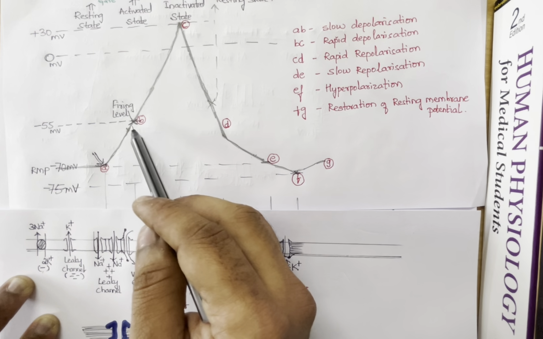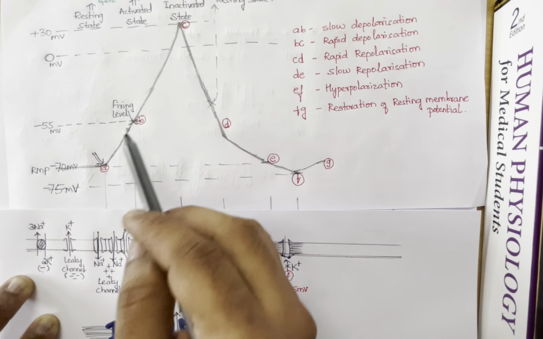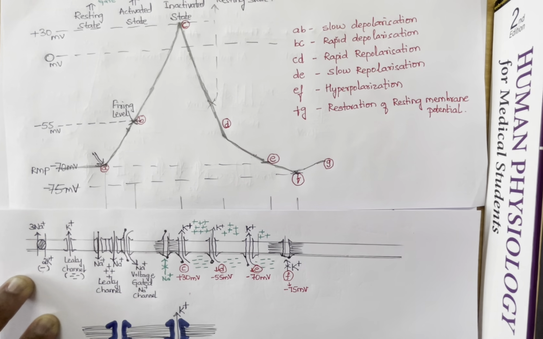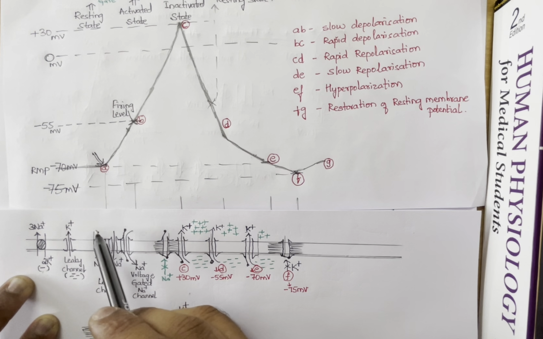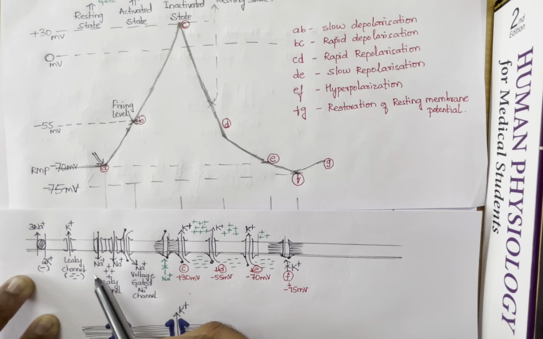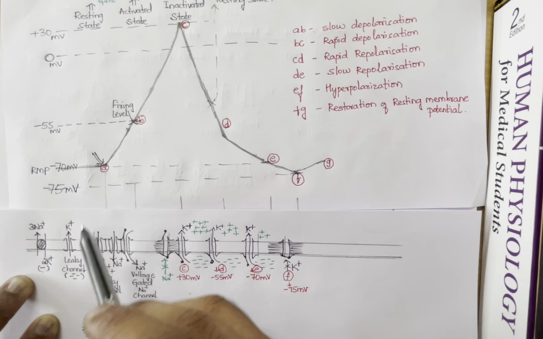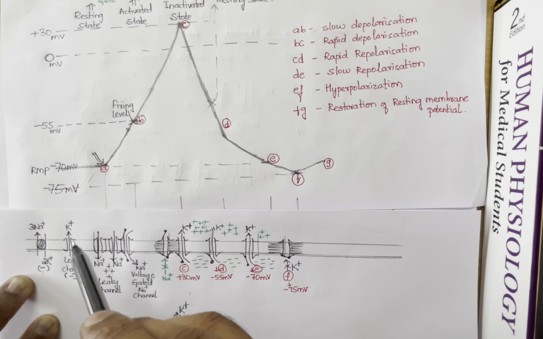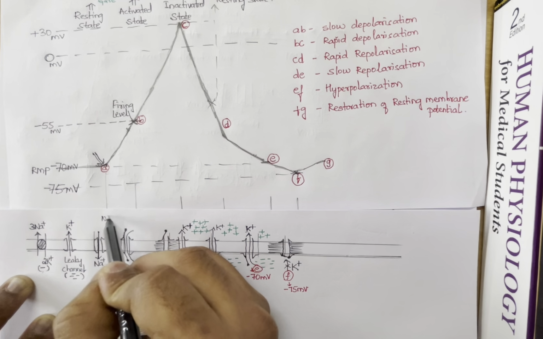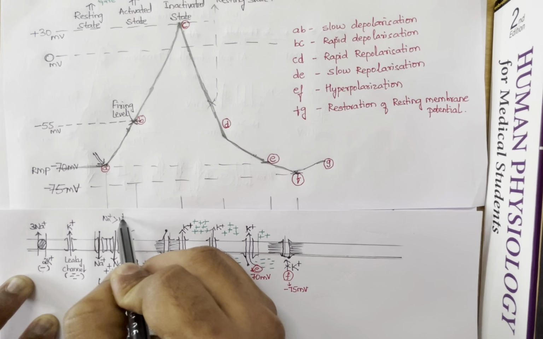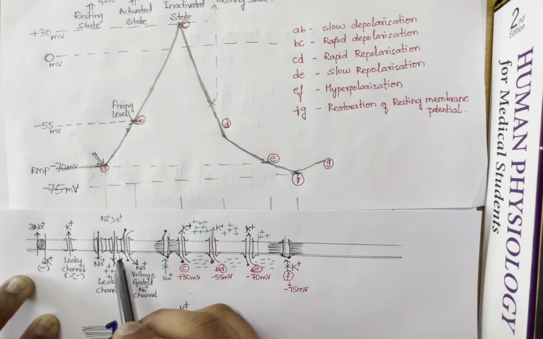Slow depolarization is happening from point A to B. This is because of leakage of sodium ions from exterior to interior through sodium leaky channels. So the cell membrane permeability to sodium increases compared to potassium with the application of the stimulus, and sodium starts entering the cell through leaky sodium channels.